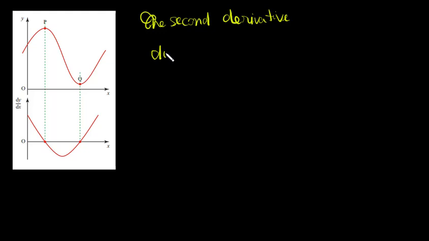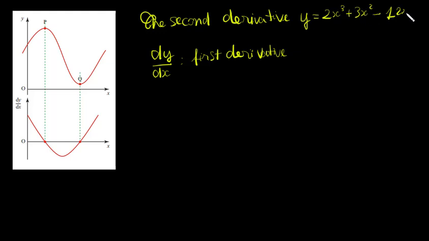We all know that dy over dx is called the first derivative. If we differentiate dy over dx, we will get the second derivative. Let's say I have the equation y equals 2x cubed plus 3x squared minus 12x. So my dy over dx will be equal to 6x squared plus 6x minus 12.